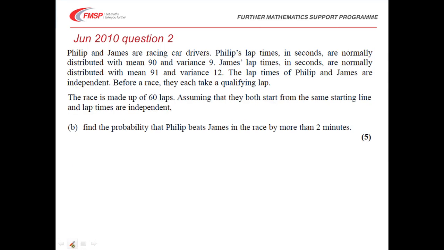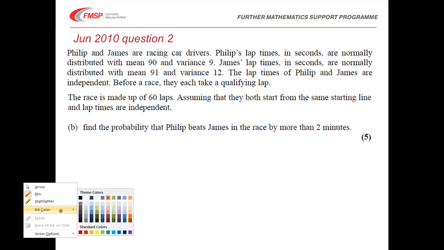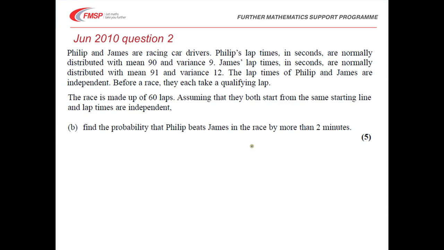Okay, so the question moves on, and what it's asking us for this time is, let's just read it again. So the race is made up of 60 laps. Assuming that they both start from the same starting line and lap times are independent, find the probability that Philip beats James in the race by more than 2 minutes. So we need to understand that Philip has got 60 laps, James has got 60 laps, and we need to combine these.